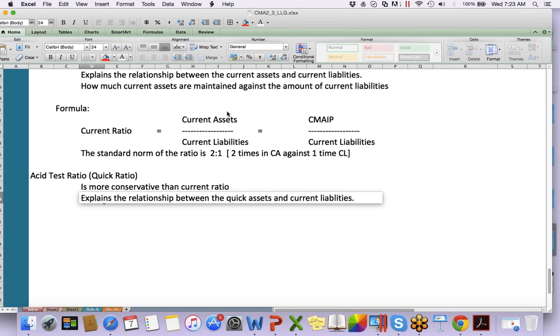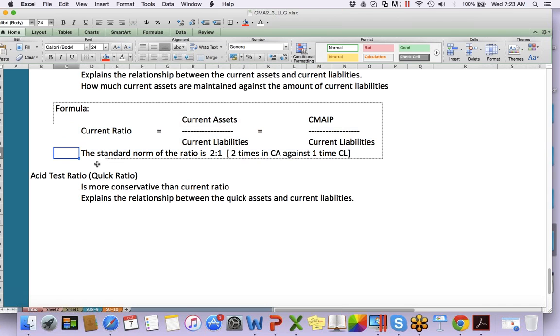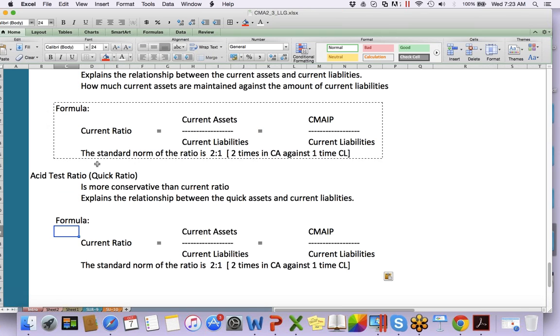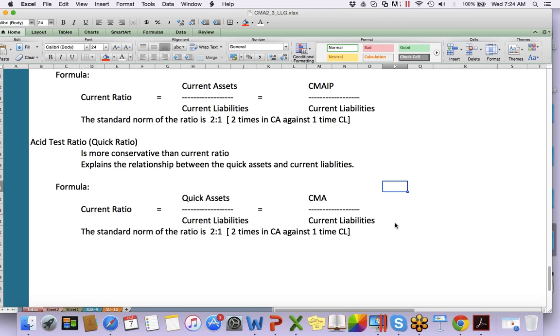So the formula for quick ratio is quick assets divided by current liabilities. When I say quick assets, do not use inventory and prepayment, because they do not bring cash immediately.